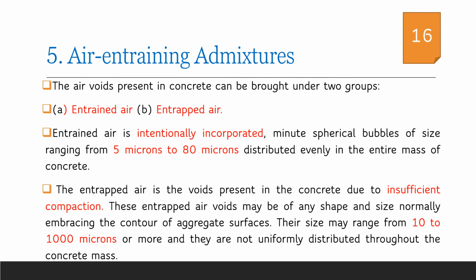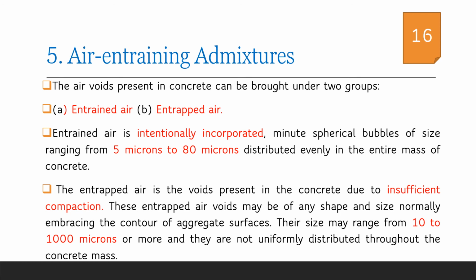We were discussing entrained air due to the addition of air entraining admixtures. Also, while discussing the procedure of concreting, we discussed entrapped air. That is, during the placing of concrete, the air gets entrapped. So, entrained air and entrapped air are two different things and they have different influences on the concrete.